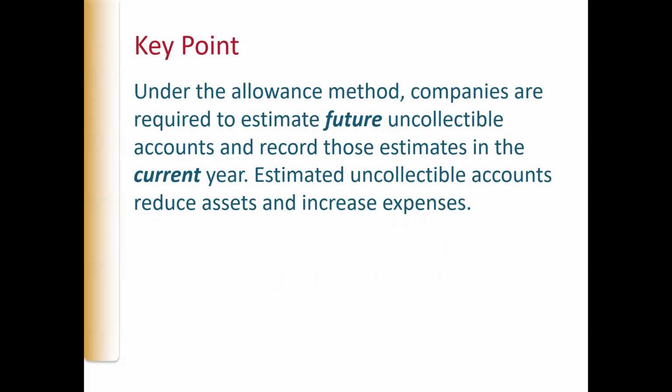Under this method, companies are required to estimate what we're not going to collect in the future, and yet record those estimates in the current year. Estimated uncollectible accounts will reduce our assets and increase our expenses. So guys, think about it.